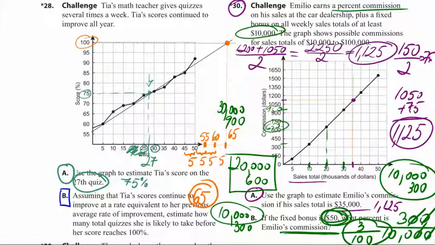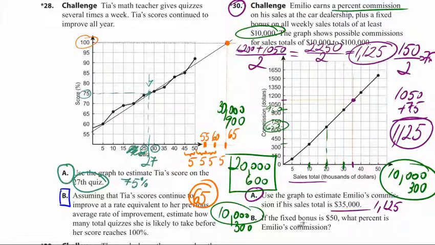And that's the answer. All right. For part B, the answer to the question, if the fixed bonus is $50, what percent is Emilio's commission? Emilio's commission is 3%. Okay, and we're done with this problem.